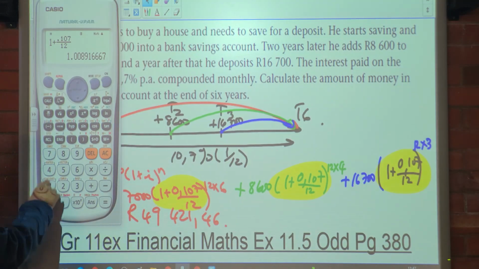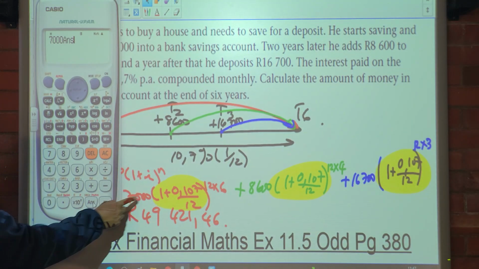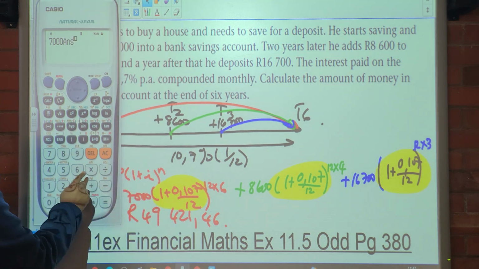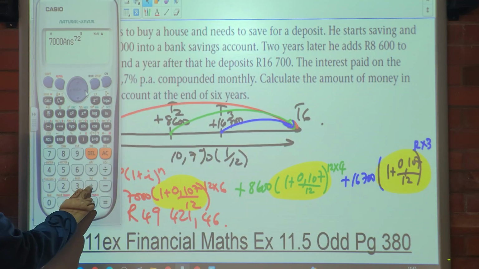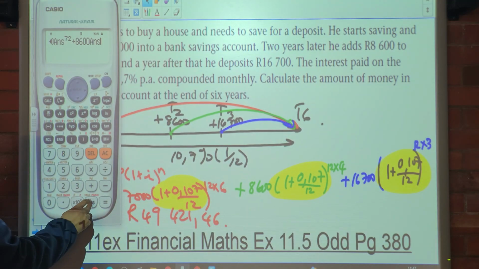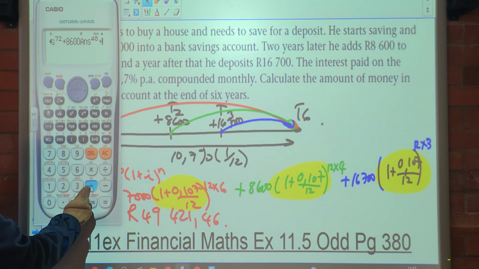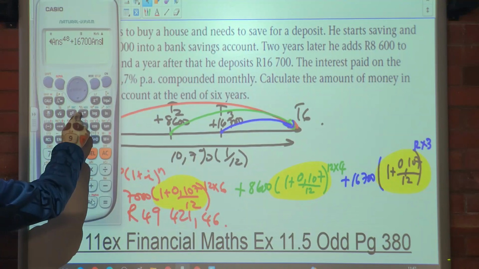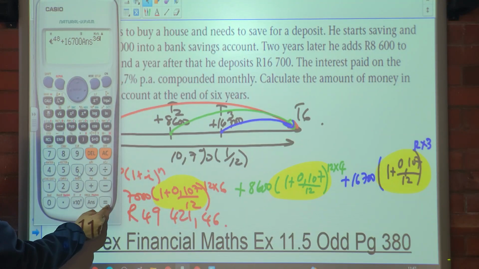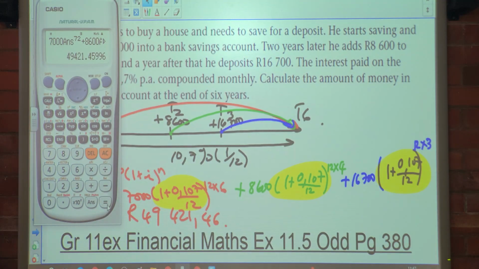So when I punch this in, I just say 7,000, answer to the exponent 72. So the 12 times 6 is 72. Plus 8,600, answer exponent 48. Plus 16,700, answer exponent 36. You're going to get 49,421 Rand 46 cents. Okay. Any confusion there?